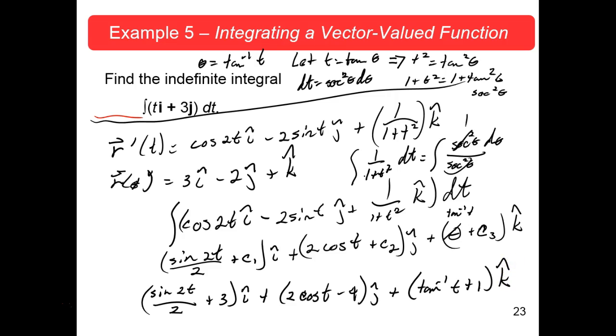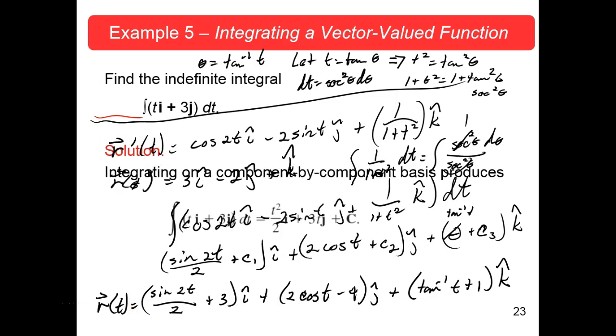Okay, let's see how they did. R of t, I forgot to write it down, R of t is equal to 1/2, they wrote it as 1/2, well I wrote it over 2, of sine 2t plus 3 times i plus 2 cosine t minus 4 times j, good for them, plus arctangent t plus 1 of k, perfect, times k.